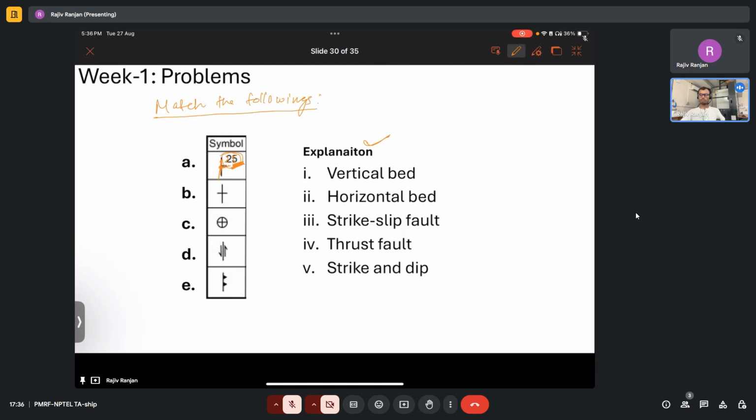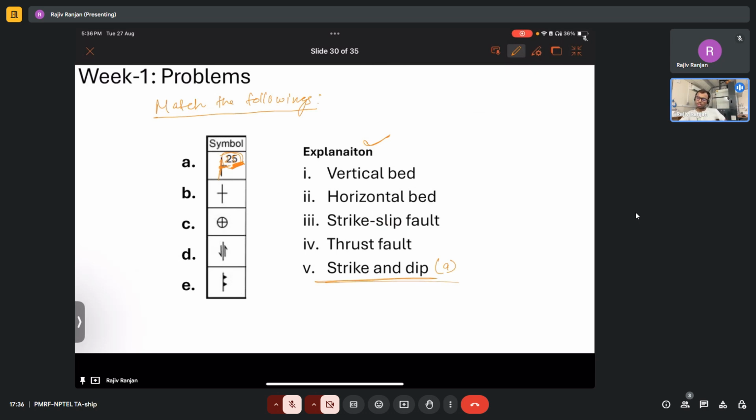No, the dip is 25. Is it a strike slip fault? No, it doesn't have 90 degrees, something like that. Is it a thrust? No, it's not a thrust. It's a normal fault, right? It's a strike and dip. So option A.